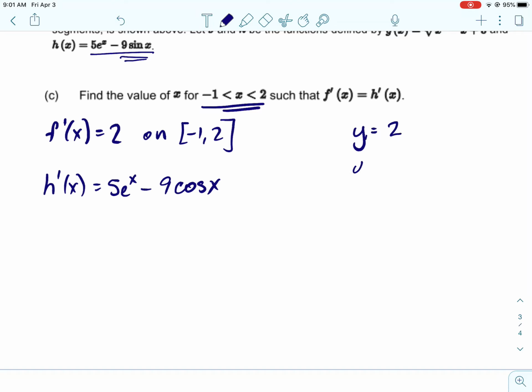So we need to find where these two are equal. So to do that, in my calculator, for y1, I would put in 2. And for y2, I would put in 5 e to the x minus 9 cosine of x. And make sure that you are in radian mode.